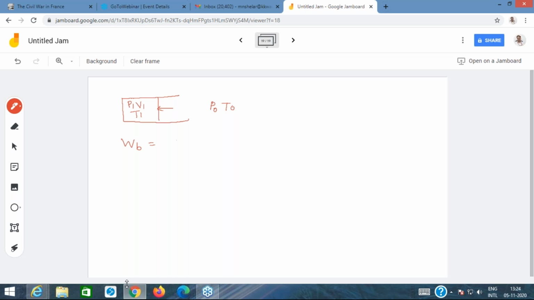Let us say there is an infinitesimally small expansion, dV. Then this boundary work dWb will be equal to P1 into dV. This is a PdV work.